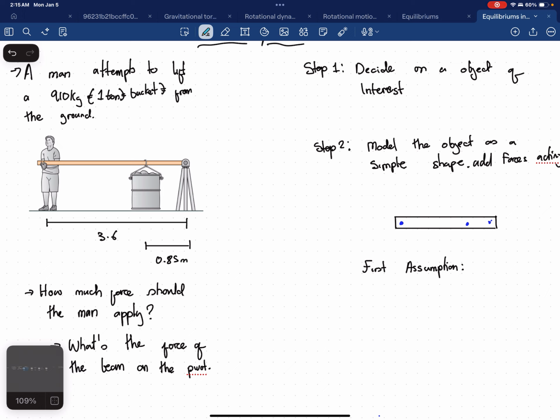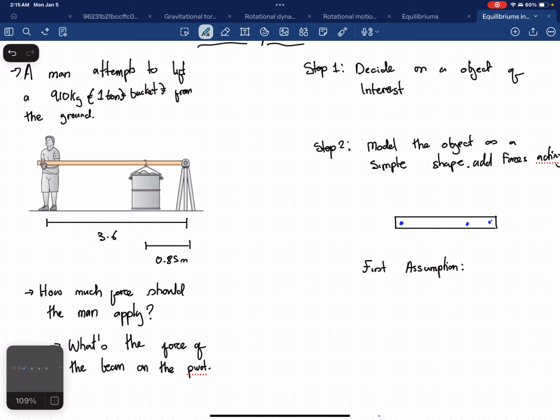So let's establish ourselves now. We have this man trying to lift this pole, and this bucket here weighs 1 ton, and this is the pivot.